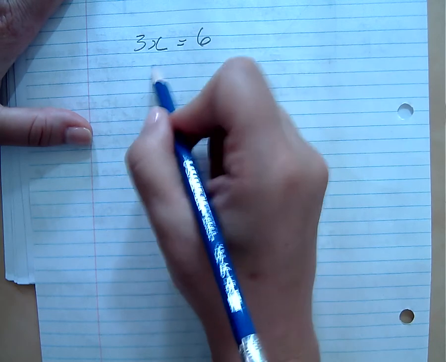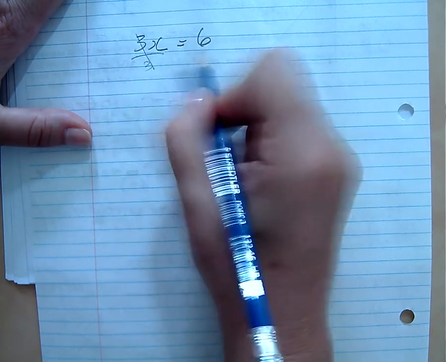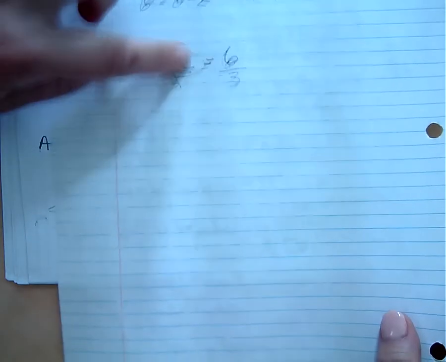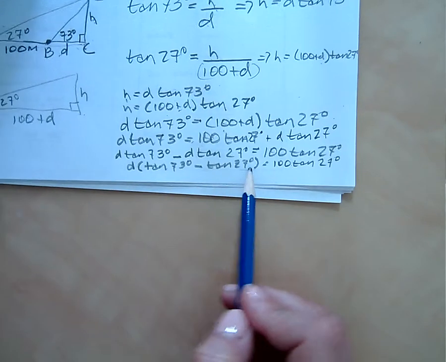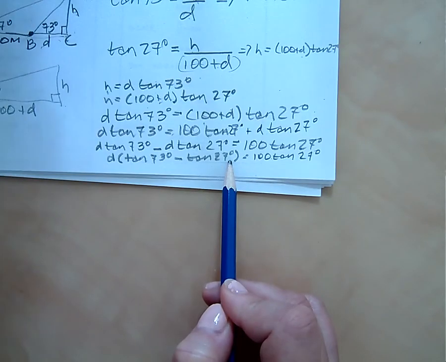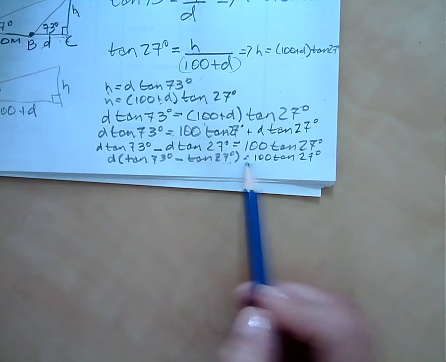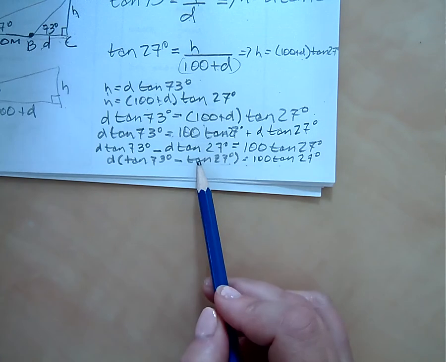So what I'm going to do is divide both sides by whatever is in front of my variable, or whatever my variable is multiplied by. So here I have D times this big thing, which I can just punch in my calculator and find a number, equals this. So I'm going to divide both sides by this.